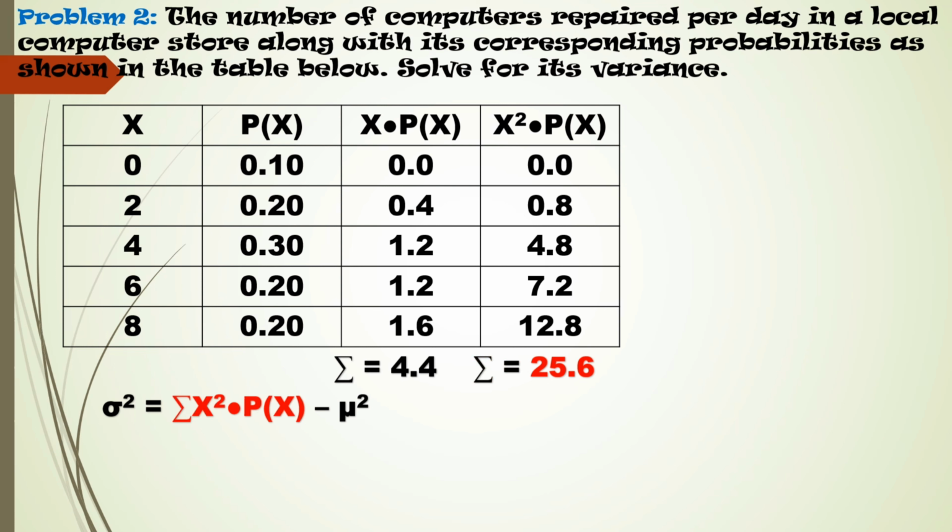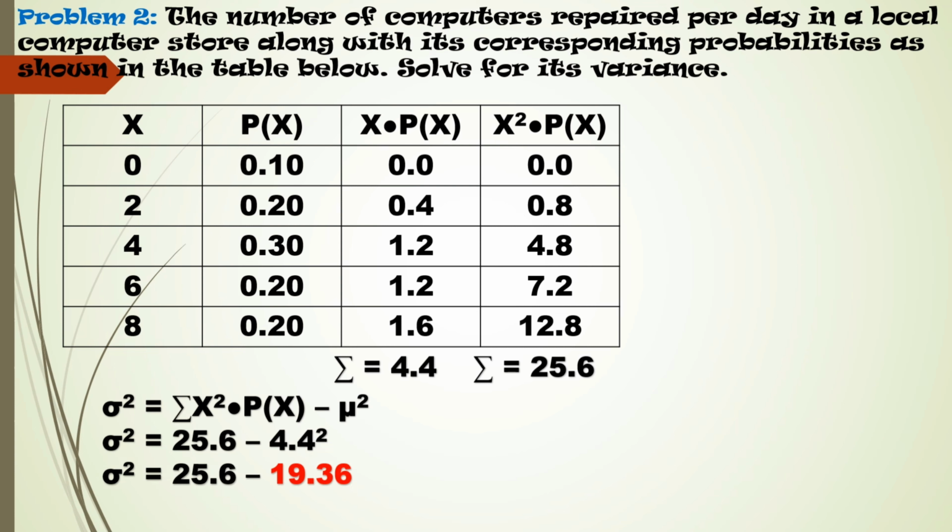Substituting them on the formula, the summation of x squared times p of x equals 25.6 minus mu squared, which is 4.4 squared, is equal to 19.36. Subtracting 25.6 minus 19.36, it is equivalent to 6.24.